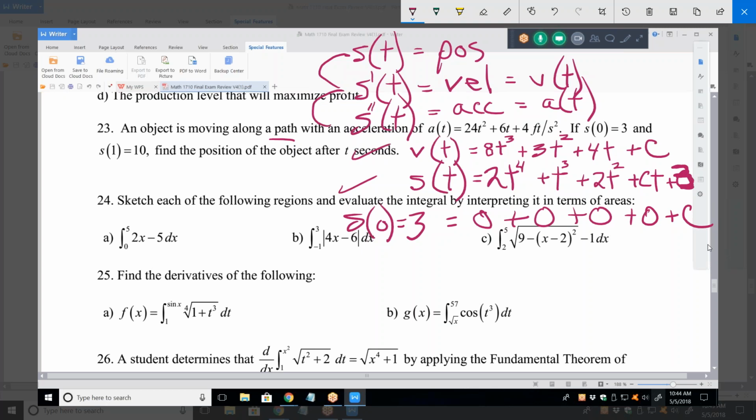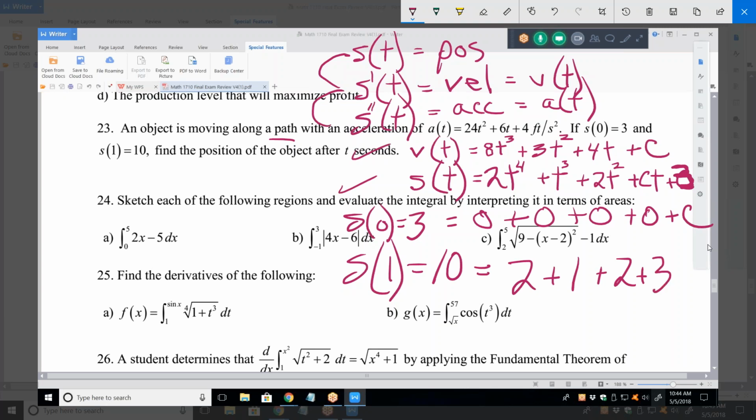Now this c should also be 3. I don't think it's a different c. So that's equal to 10. Let's see. I plug in 1, I get 2 plus 1 plus 2 plus t is 1 and c is 3. No. That becomes c.